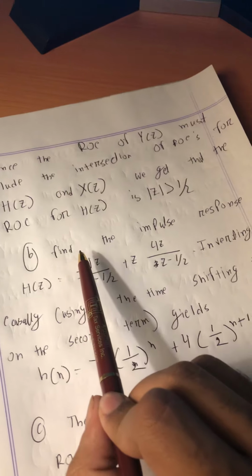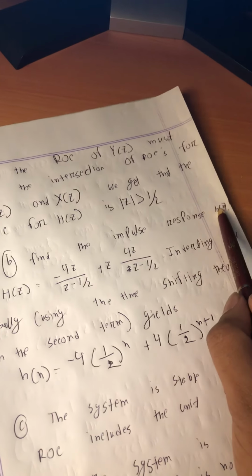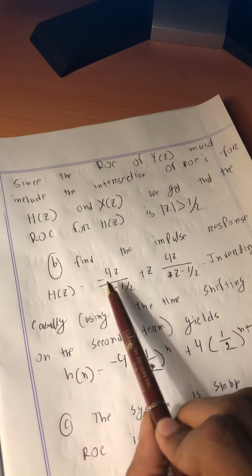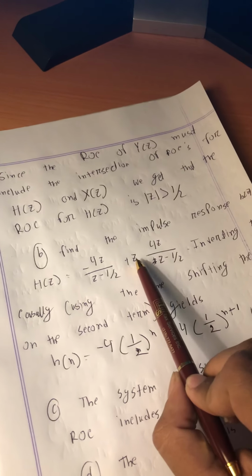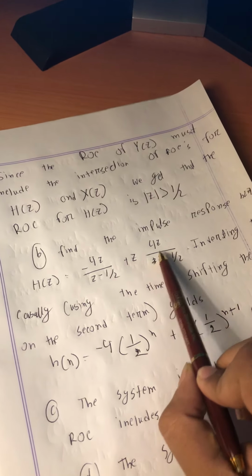Now B, we have to find the impulse response h[n]. H(z) is negative 4z divided by z minus 1/2 plus z times 4z divided by z minus 1/2.